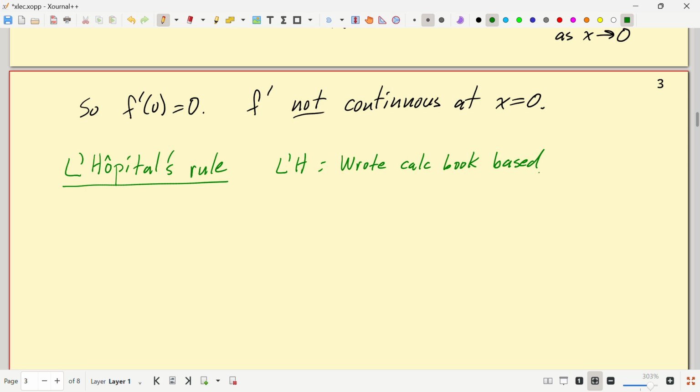So he wrote a calculus book based on notes for Johann Bernoulli's calculus class. I guess they named enough things after the Bernoullis that they didn't feel like it was necessary. In fact, there's 3 Bernoullis: Jakob, Johann, and Daniel. And they don't even care who's who really anymore. So many things are called Bernoulli's something.